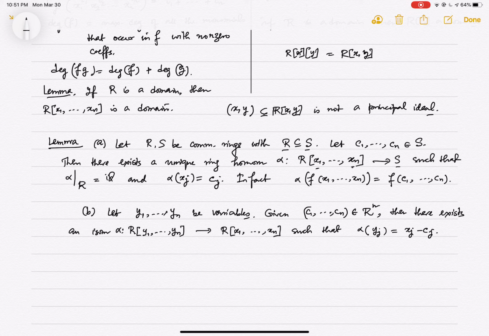So you can do this linear change of variables, and it's an isomorphism. The fact that this defines a homomorphism follows from part A, but you can also define the map the other way pretty easily and check that they're inverses of each other.